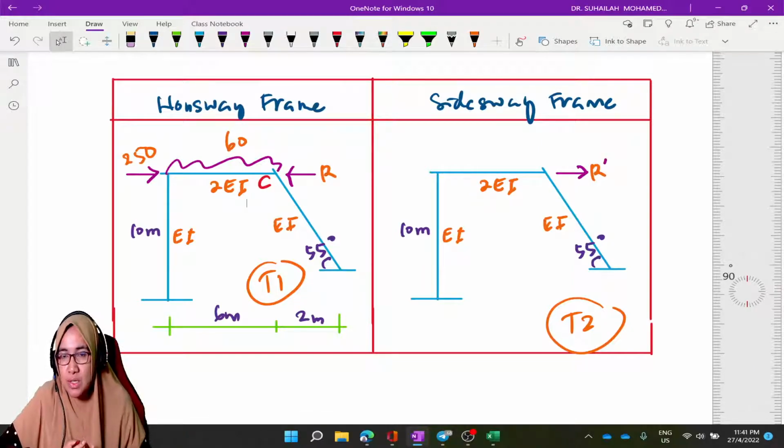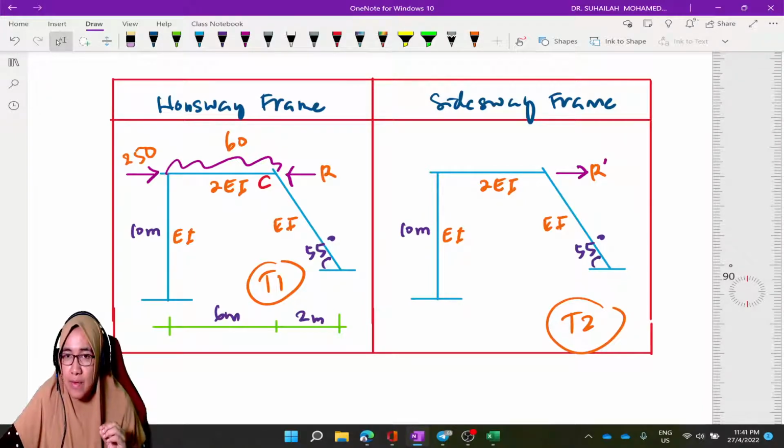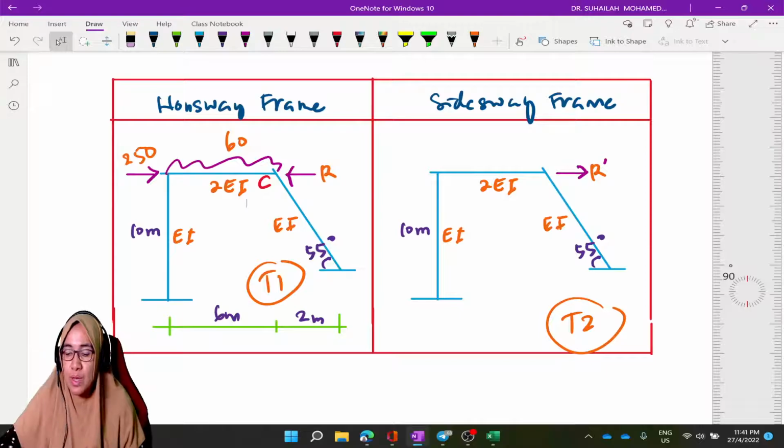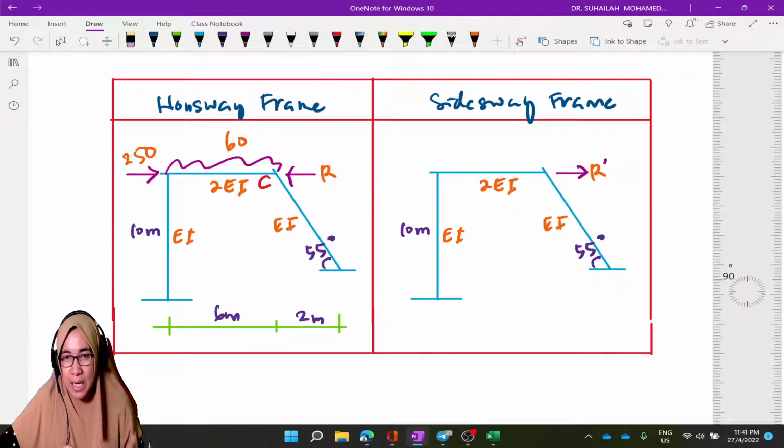In opposite condition under Sidesway frame, we will analyze FEM based on assumption. So by applying principle of superposition, these are the two frames that we are going to analyze in frame with Sidesway analysis.